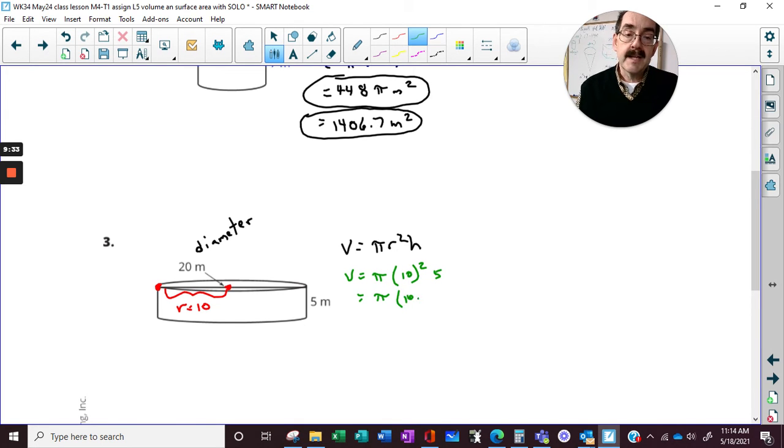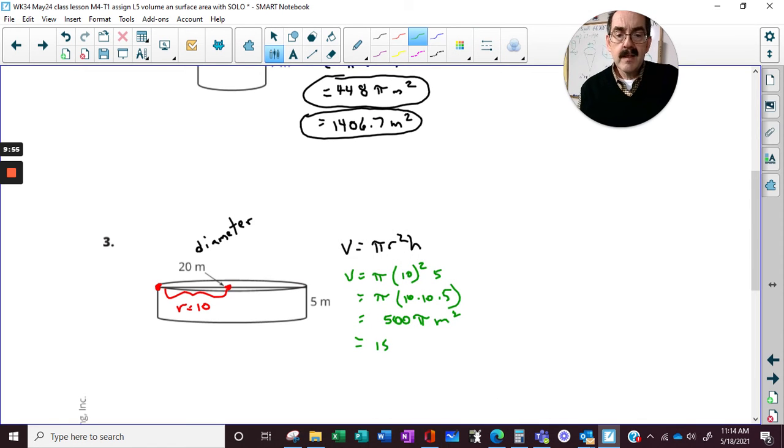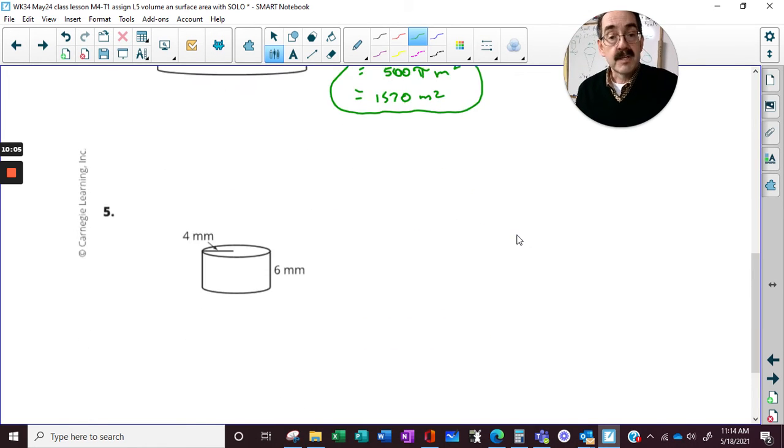Pi 10 times 10 times 5, which is 500 pi, and these are meters squared, or 500 times 3.14, 1,570 meters squared. So either of those work. Okay? All right. So pause the video. You try. Go.